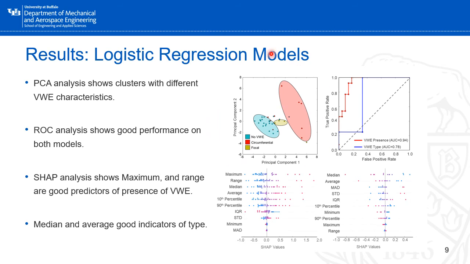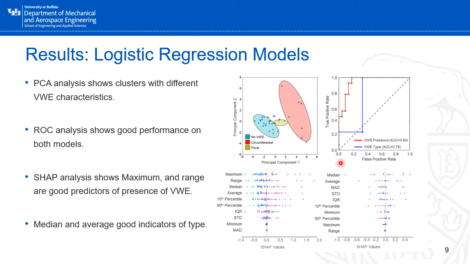And we can see in this PCA plot there are three different clusters, one formed for circumferential enhancement, one for focal, and one for the non-enhancing IA groups. And we can see that clearly there are different clusters which can be formed. Hence, we can expect good performance from our models.